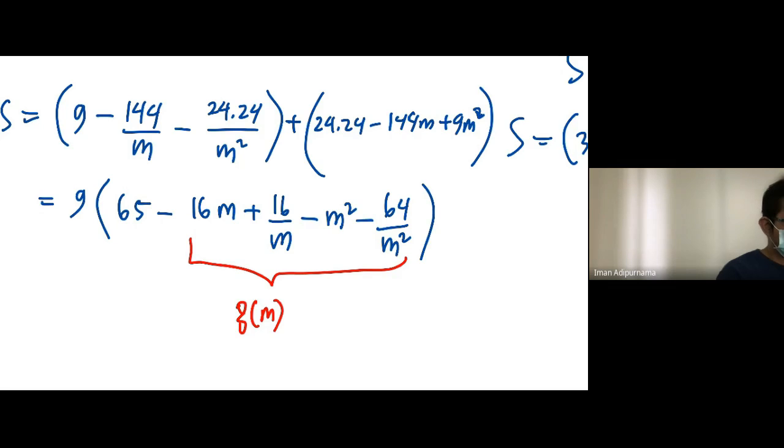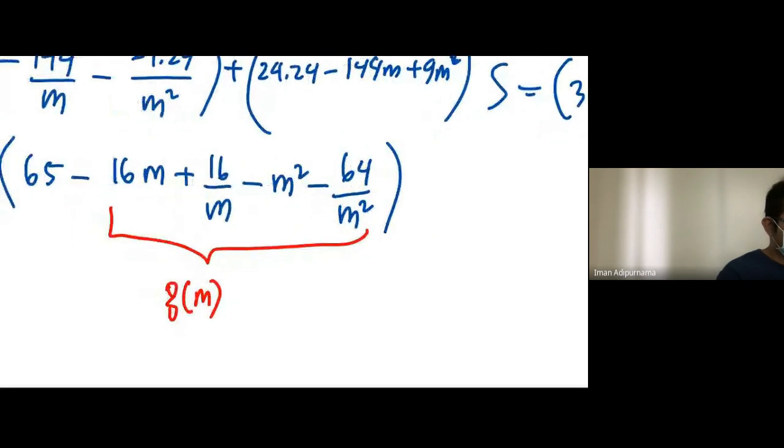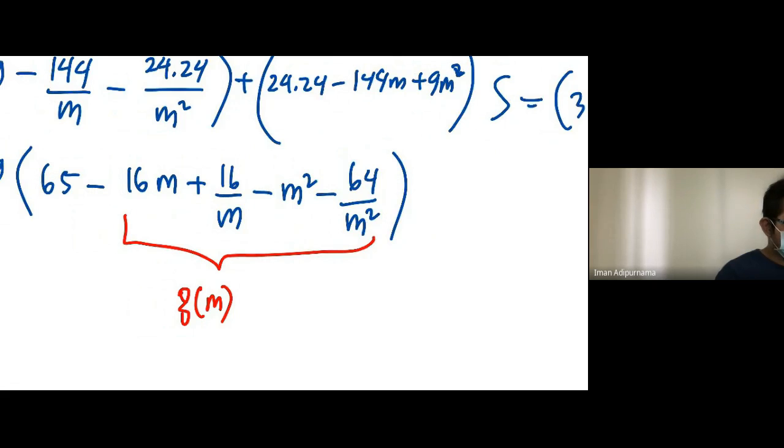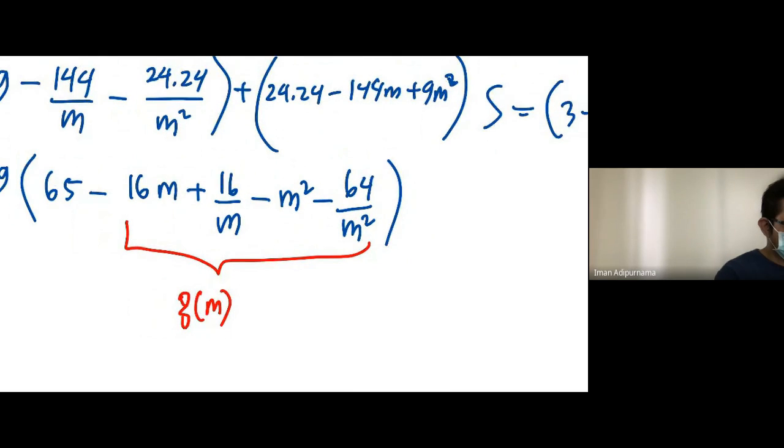Let's say this is g. We need to find the way to minimize this, so we take g prime.